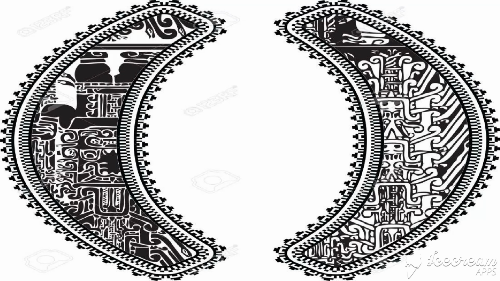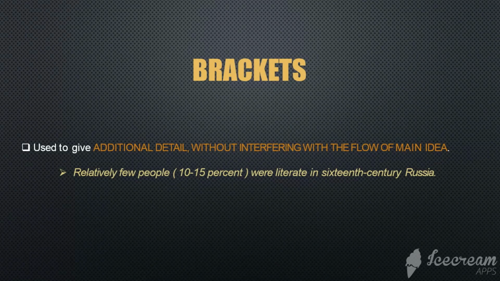Now, brackets. You might have learned brackets in mathematics, but you will be surprised to know that brackets are also used in the English language. Brackets are used to give additional detail without interfering with the flow of the main idea.